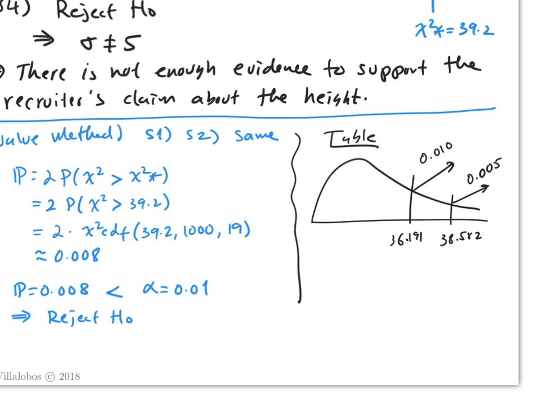If you pick, let's say, the p-value from the tables around 0.001, this is still going to be less than 0.01. So that still will give you the exact same conclusion, which is to reject H0.